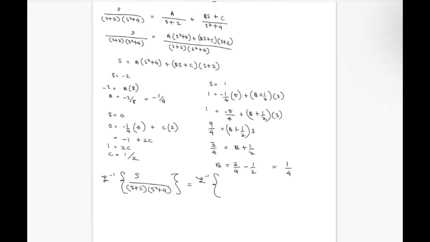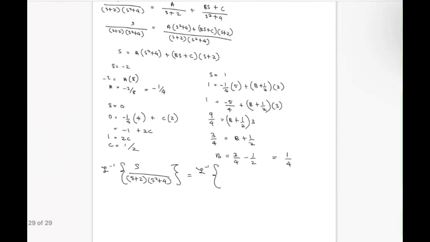A is minus 1 over 4, so minus 1 over 4 over s plus 2, plus B is 1 over 4 s, plus C is 1 over 2, over s squared plus 4.